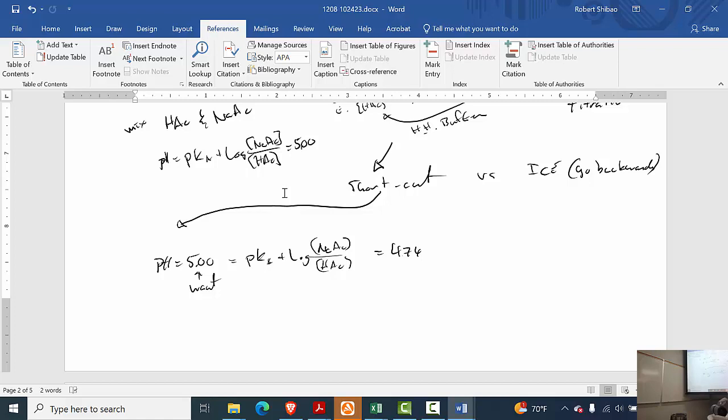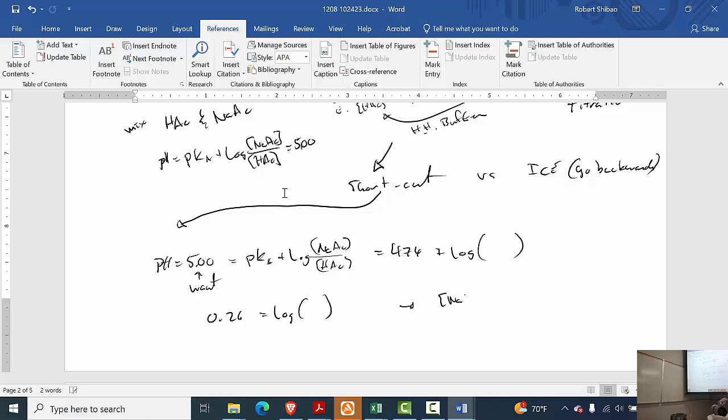Other acids have different pKa's, plus the log of this ratio. And so subtract 4.74 from both sides, I'm going to get 0.26. This is equal to the log of the ratio.